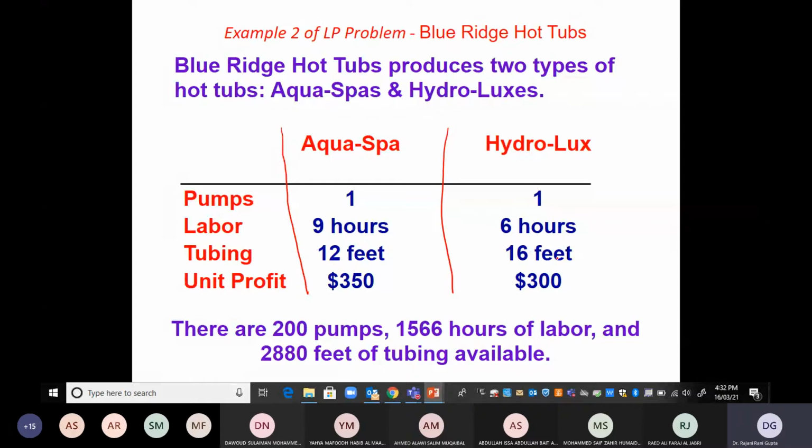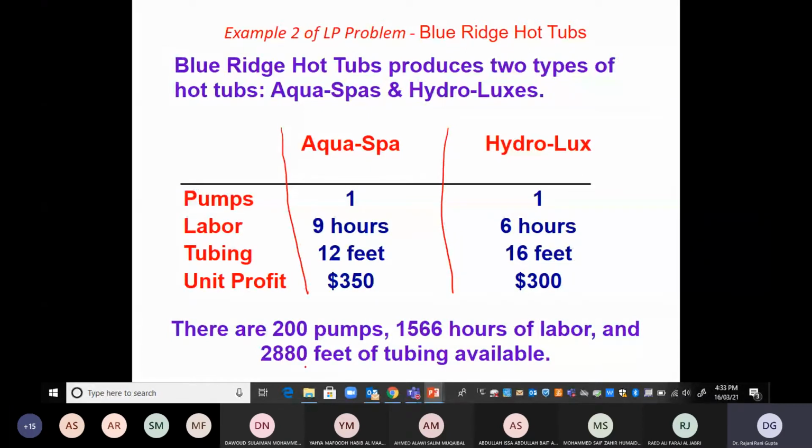The unit profit is $350 for Aquaspa and $300 for Hydrolux. And these are the conditions: there are 200 pumps, 1,566 hours of labor, and 2,880 feet of tubing available.